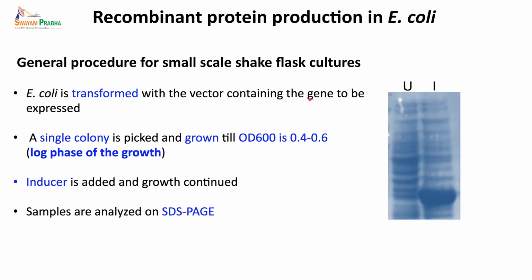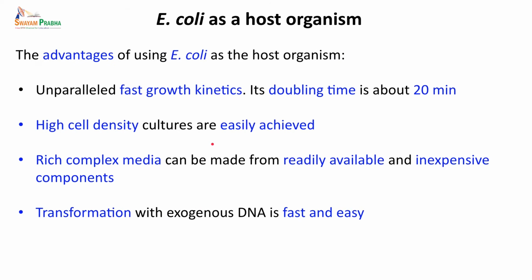This is basically a cDNA of the gene which is cloned into a vector, and then that vector is used to transform the E. coli. Then you plate it on an agar plate and you pick a single colony so that it is not a mixture of colonies, and then it is grown in a culture under certain conditions.